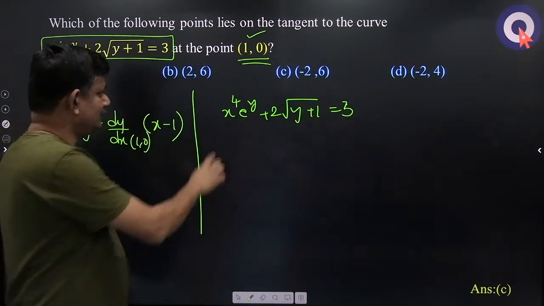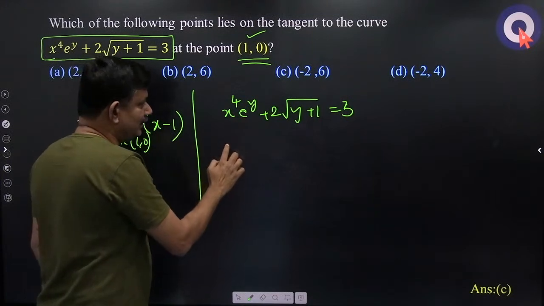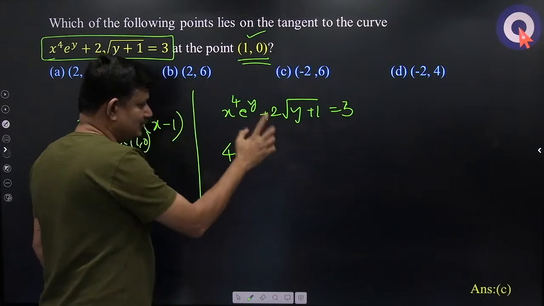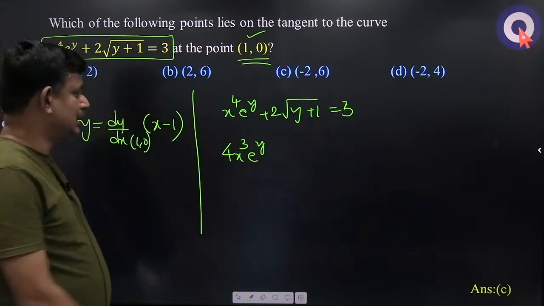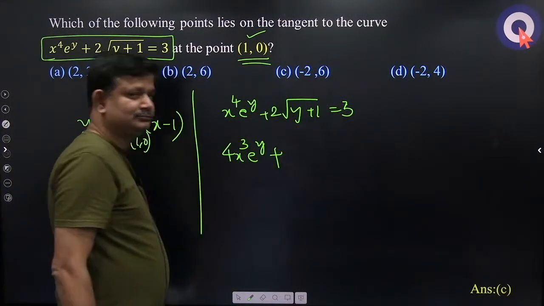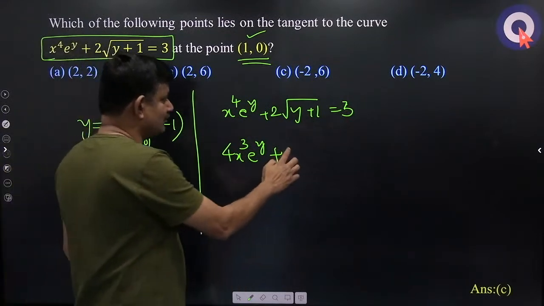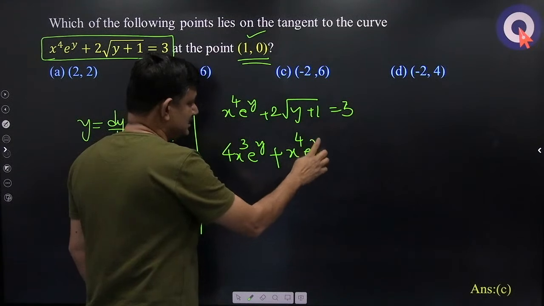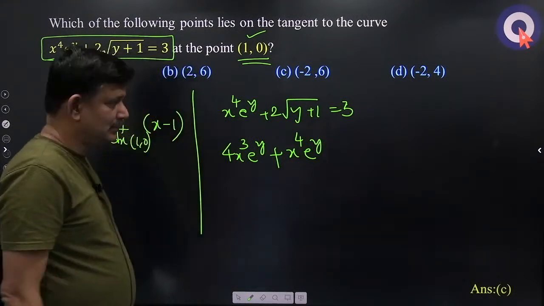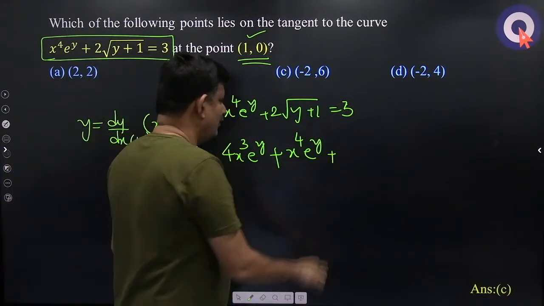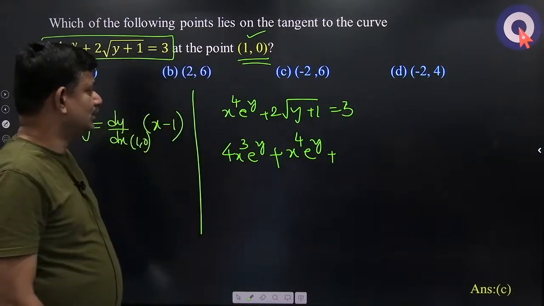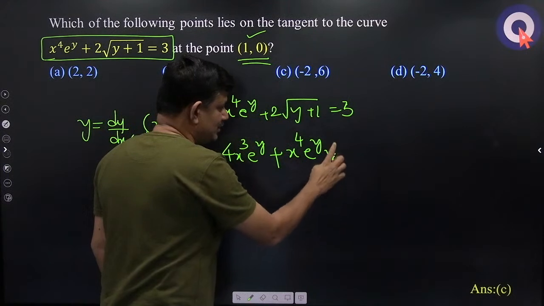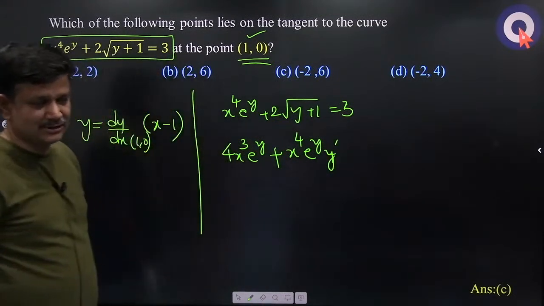Differentiate it straight away using the product rule. The derivative of x to the power 4 is 4x cube, with the second function as it is, plus the derivative of the first function, x to the power 4, into the derivative of the second function, e to the power y, plus e to the power y into y dash, where dy/dx will also be there.